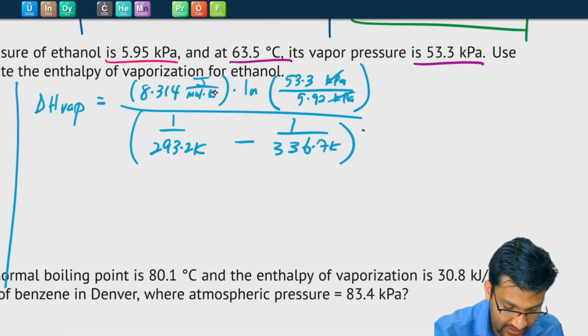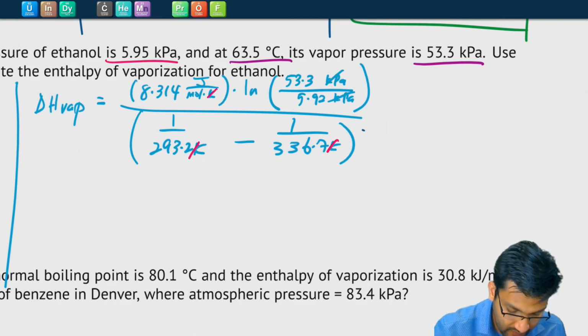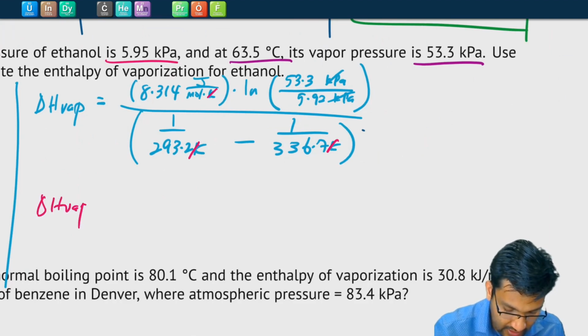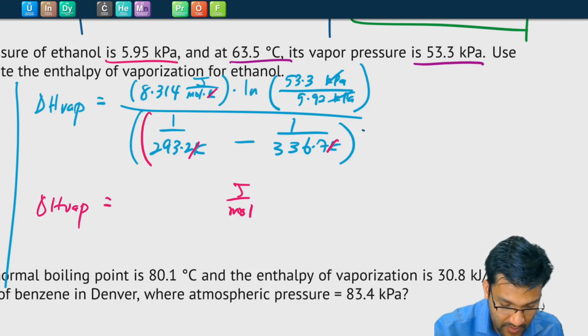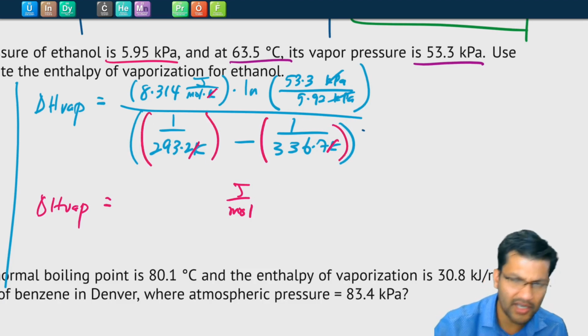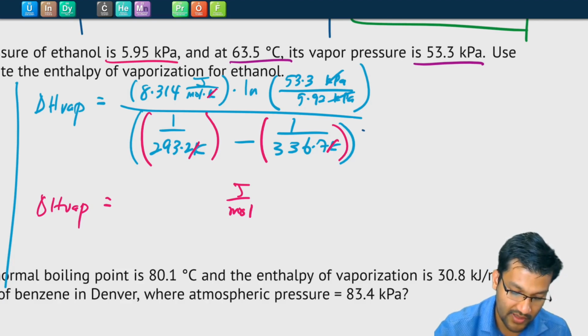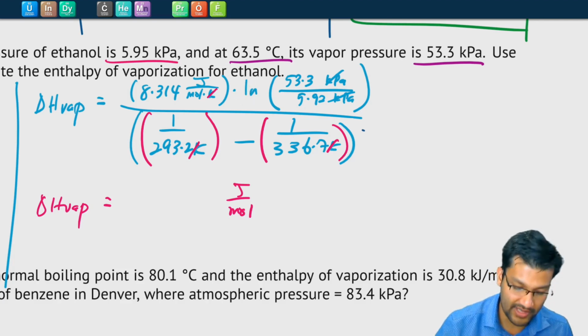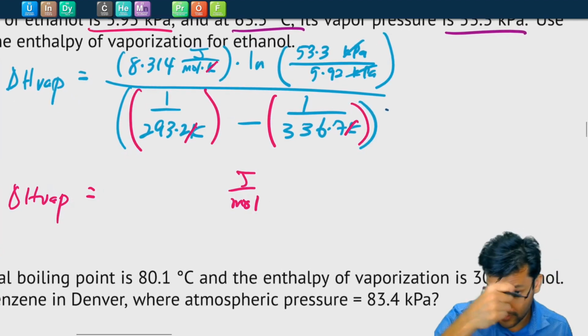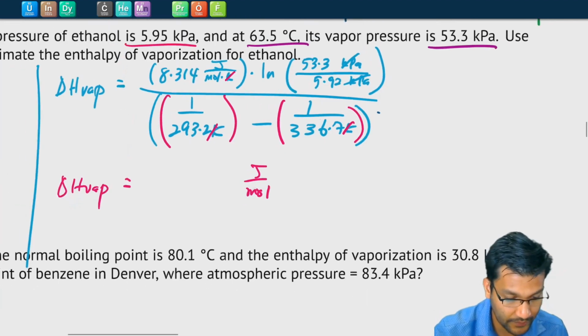Well, that was boring last time too, wasn't it? Because we only had the 1. So delta H of vaporization in joules per mole happens to be, remember, put parentheses around these things and try to punch it in your calculator. Make sure you can get the same numbers. Understand how your calculator works for divisions, exponents and natural logs, because here's when it starts becoming useful.